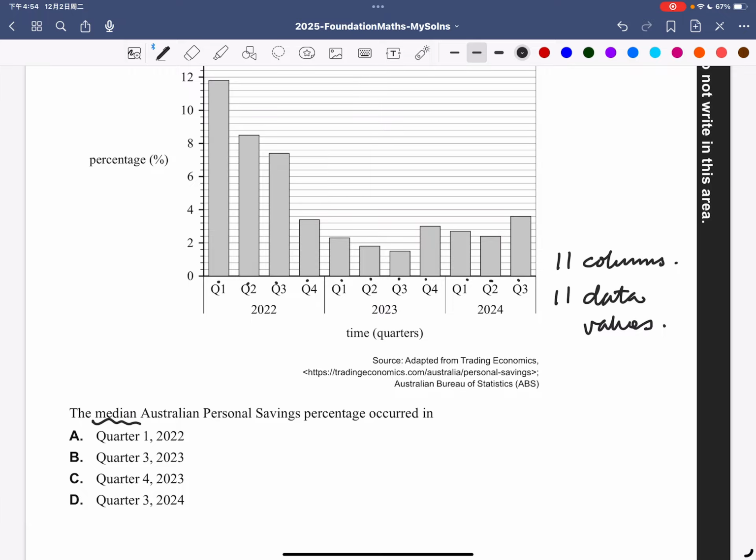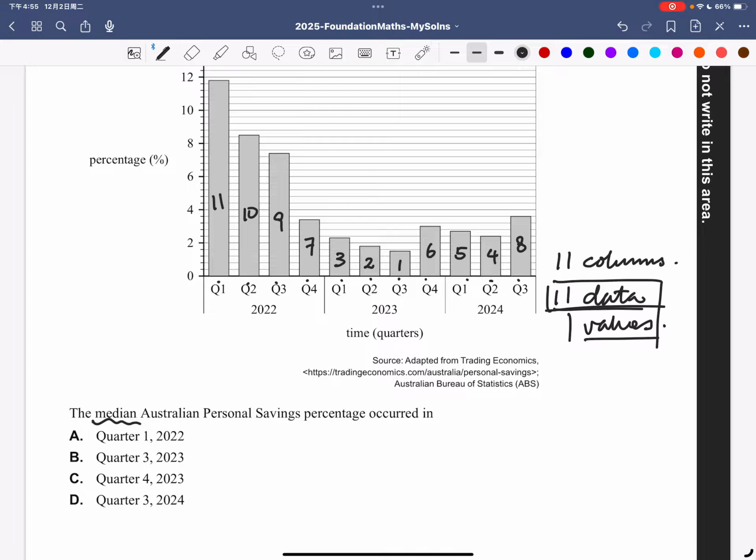In order to find a median, you need to figure out the middle, ranking them from the lowest to the highest. So for example, this is the lowest, slightly higher, slightly higher. Where is the next higher one? Well, I would say it's here, here, here, 7th, 8th, 9th, 10th, 11th.